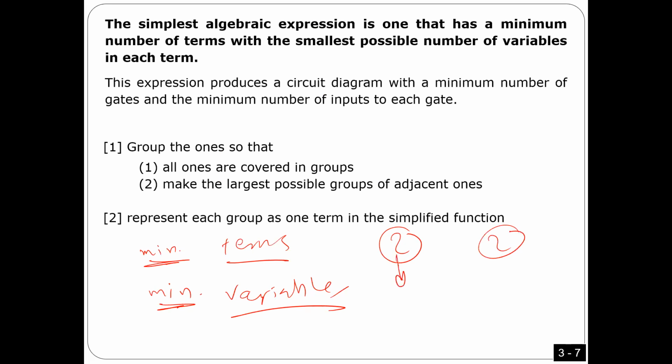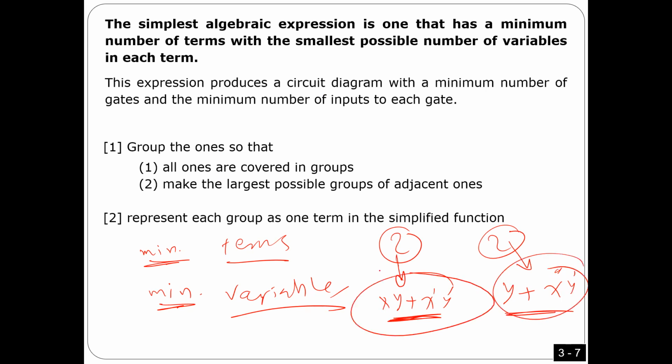But in my 2 terms, I used 2 variables in each one, like xy plus xy', for example. But someone else was also able to get 2 terms, but it's going to be, for example, y plus x'y', something like that. This one is more simplified than the other.